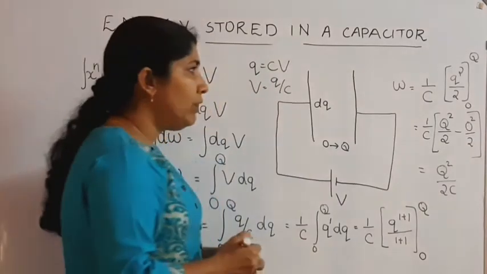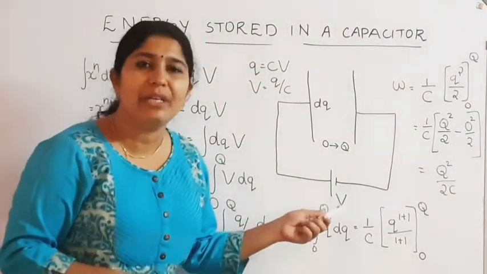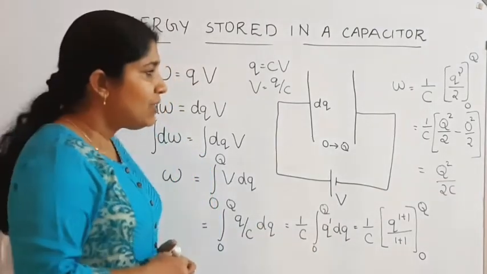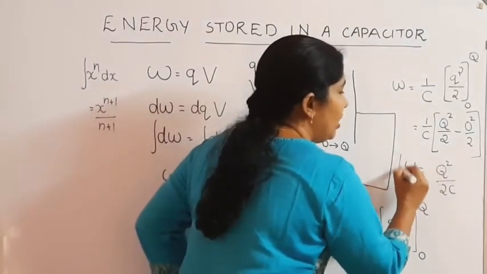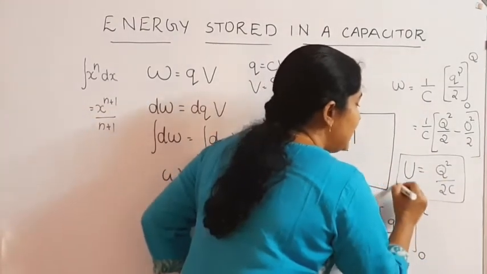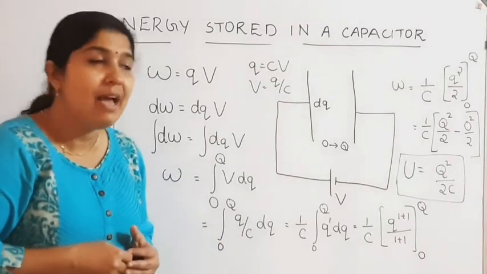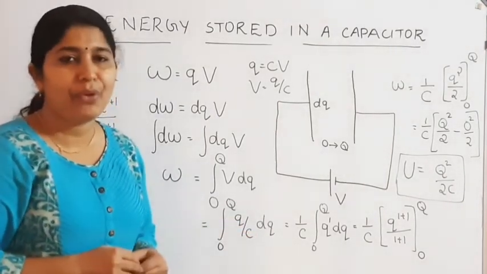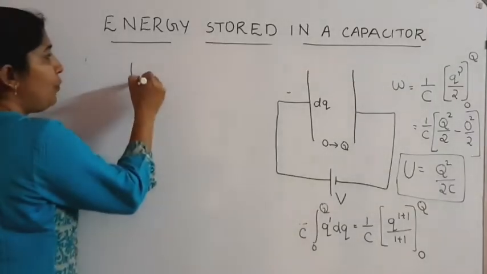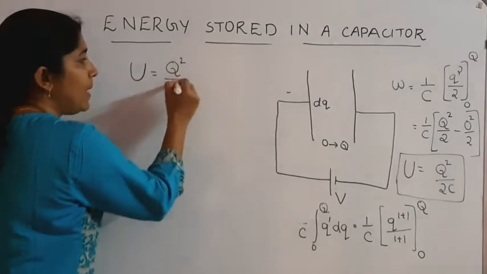Then the work done W is equal to capital Q square divided by 2C. This work done is stored as energy in the capacitor. Therefore, the equation for the energy U is equal to Q square divided by 2C.